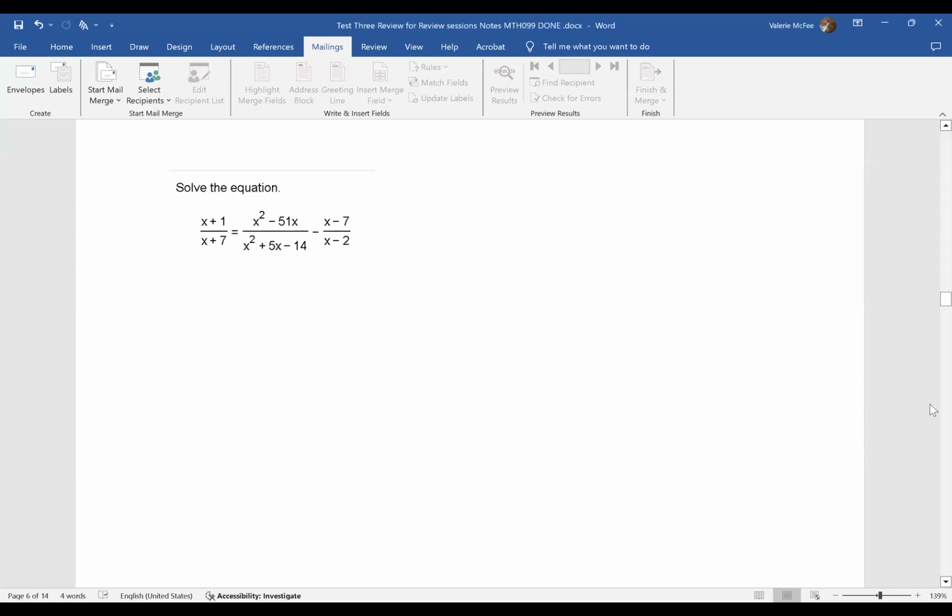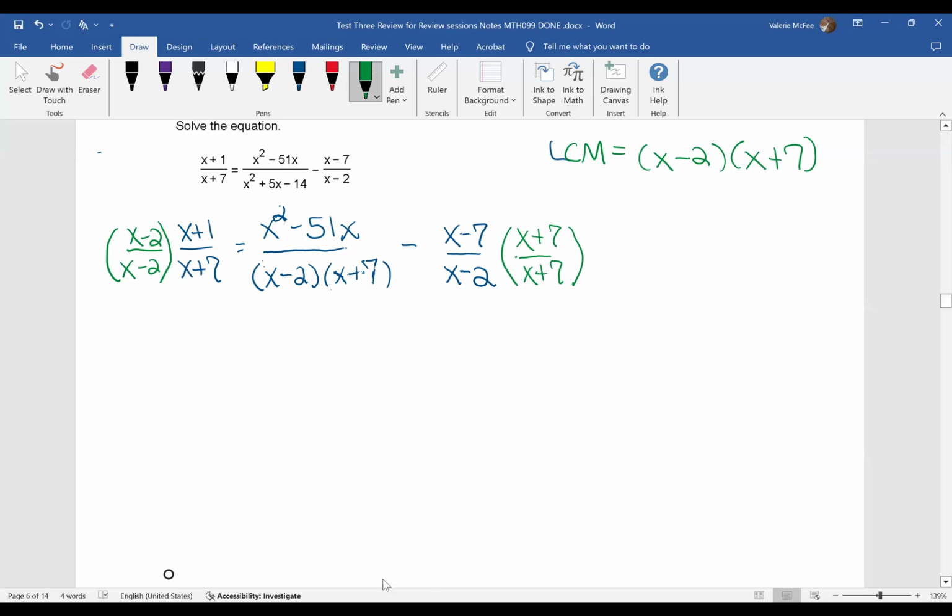Here's another equation. If you haven't already done so, why don't you factor the denominators and find the lowest common multiple of the denominators and decide what you're going to multiply each term by. So you should have found that the lowest common multiple was x minus 2 and x plus 7.